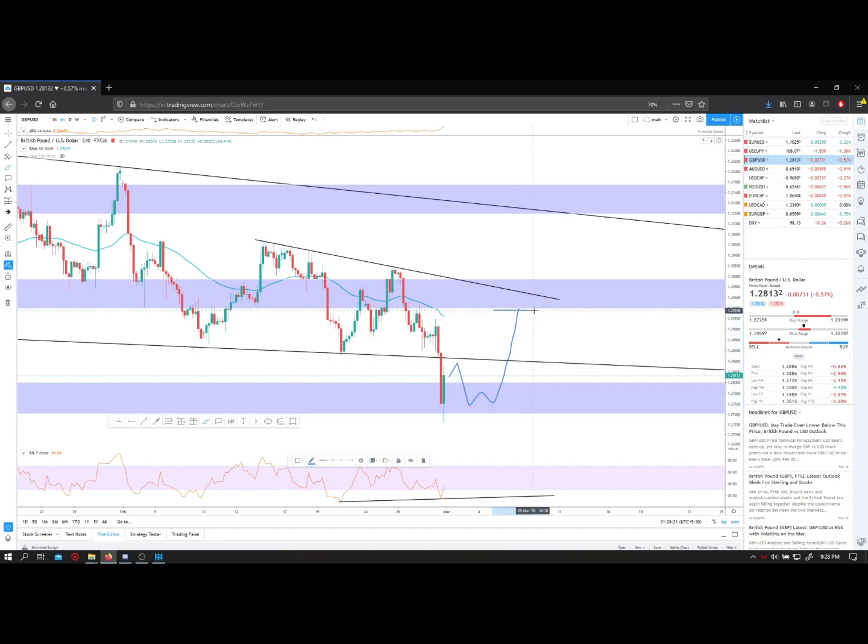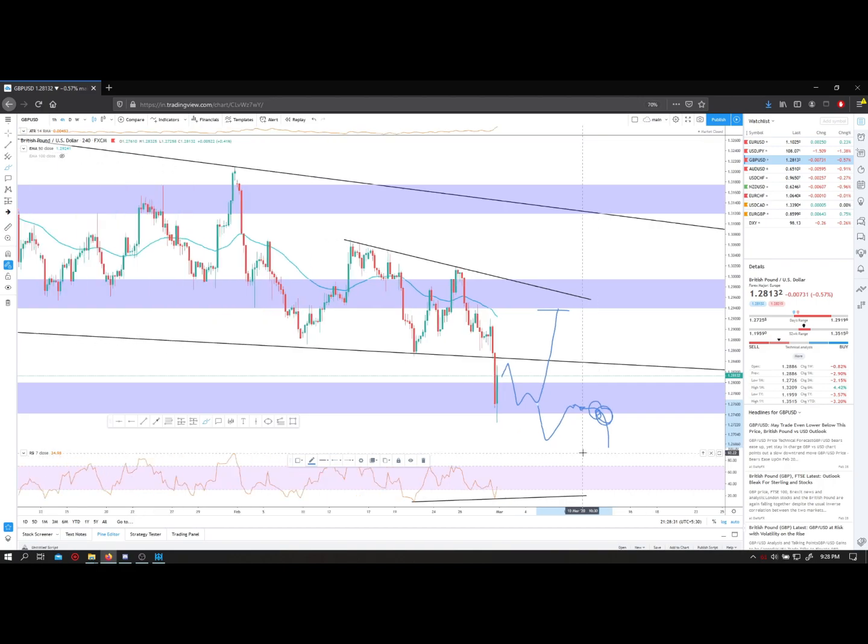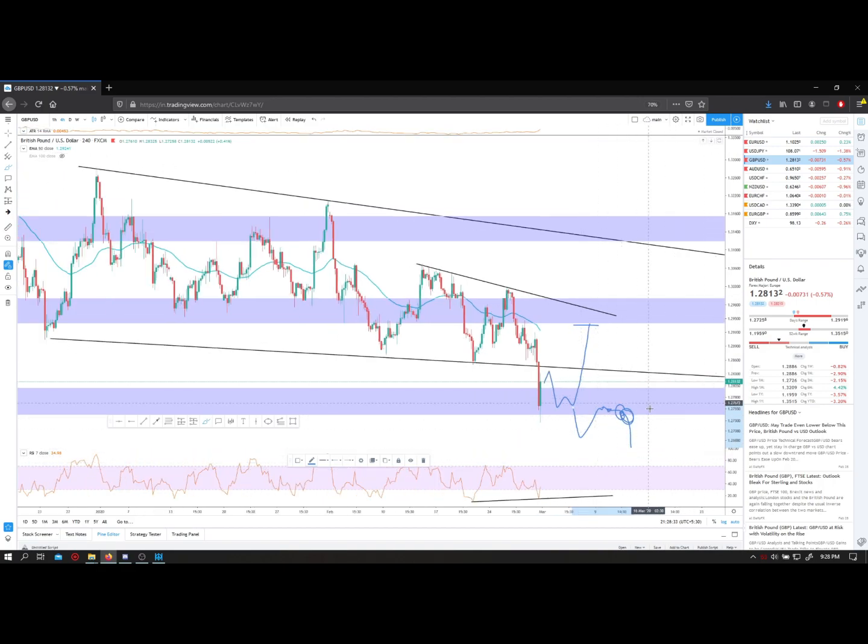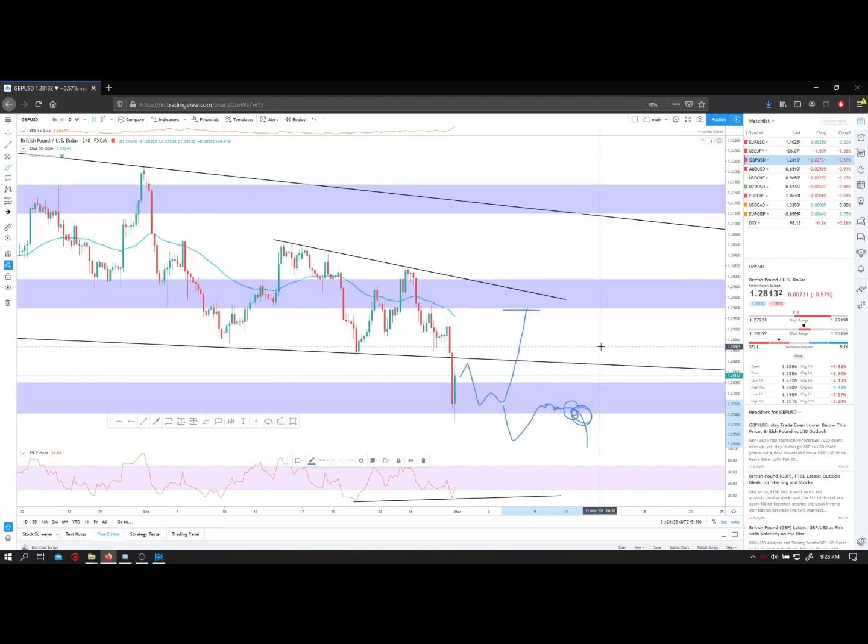It will go till here, or if it breaks this zone and comes and retests this level and gives me some kind of pattern, I'm going to open a sell trade. So I'm going to wait and see what the market does, and I'm going to take the decisions according to it.